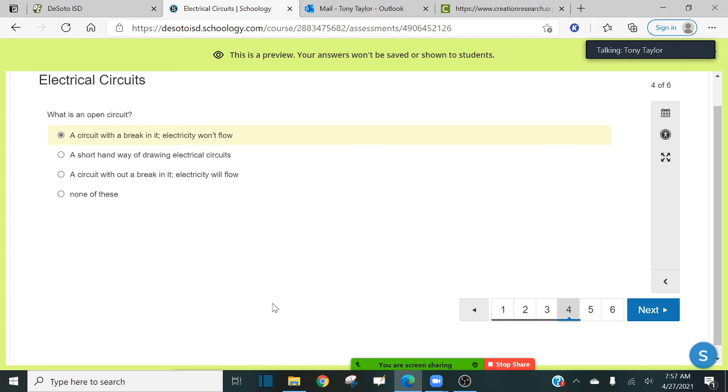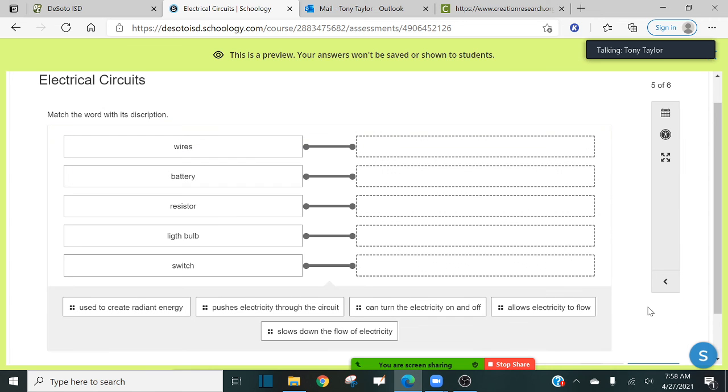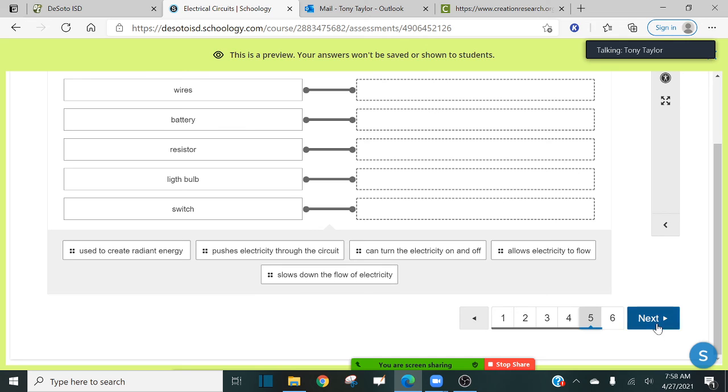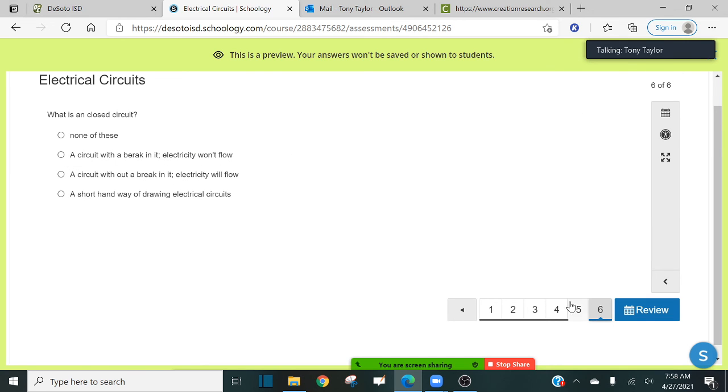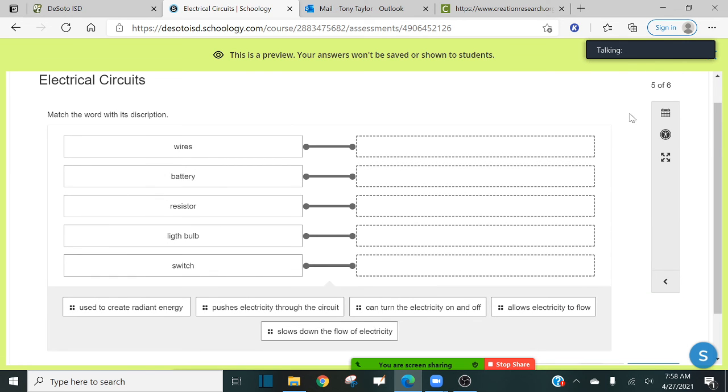An open circuit is a circuit with a break in it. Electricity won't flow. Okay. So with that said, guys, you should immediately know what a closed circuit is. So I'm going to let you answer that one on your own.